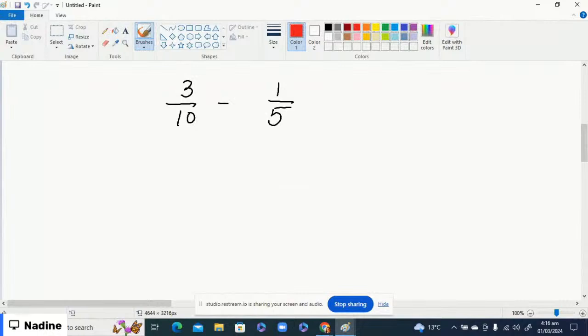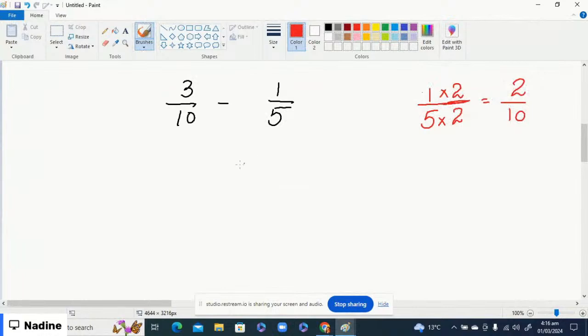So we write it here, 1 over 5, and to make the denominators the same, we can just convert this 5 into 10. Which number are we going to multiply and divide? That is 2. 2 times 1 is 2 and 2 times 5 is 10.